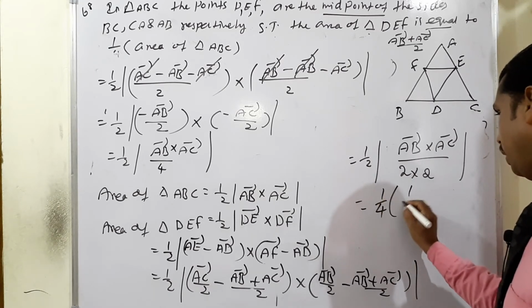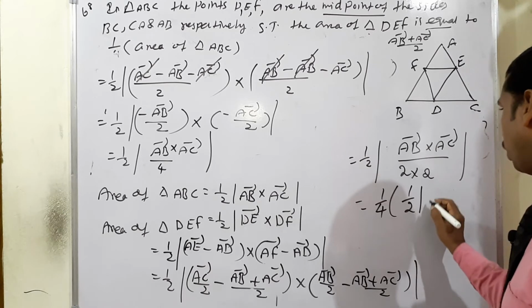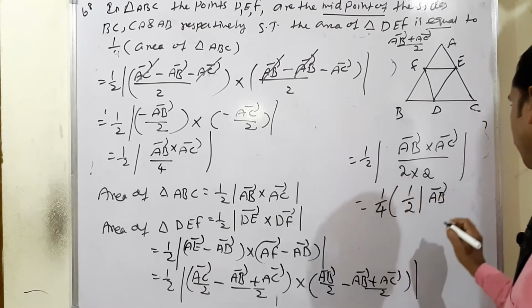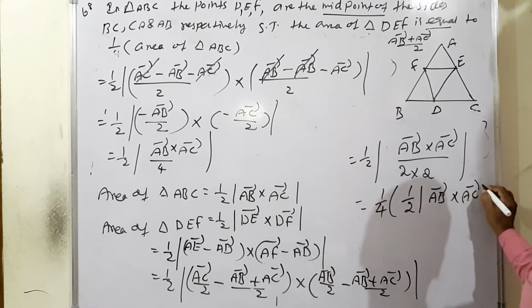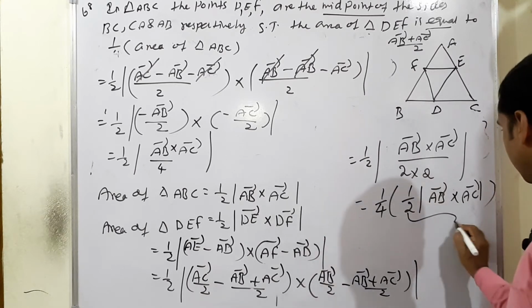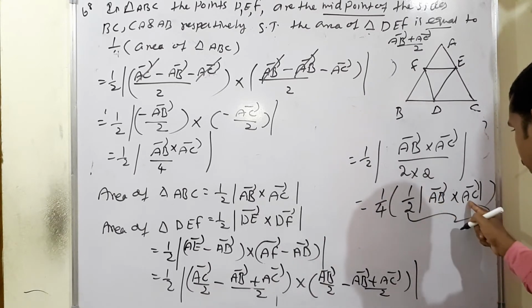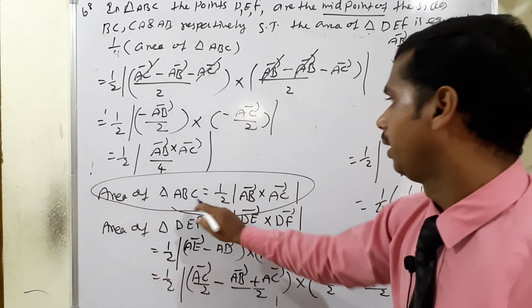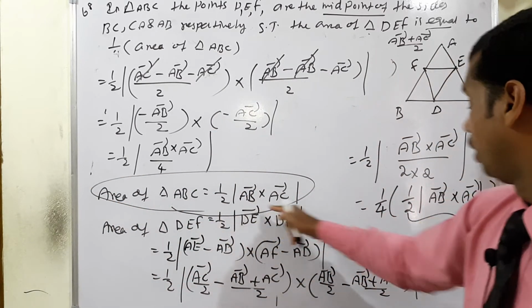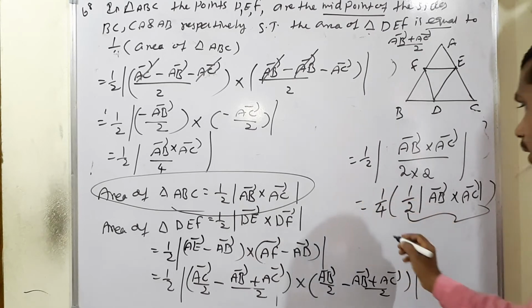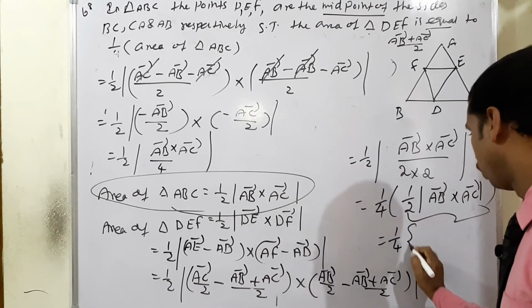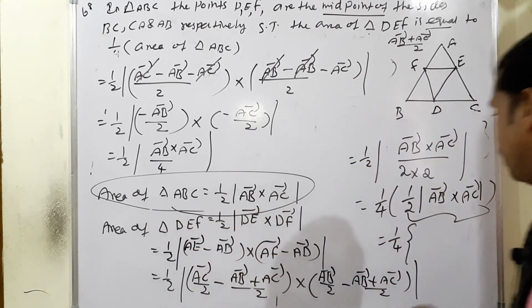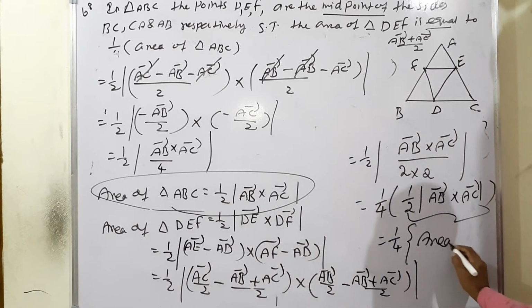Again remaining 1 by 2 balances, again modulus of AB vector cross AC vector. Now this is 1 by 2 into AB vector cross AC vector. Look at the bigger triangle, area of triangle ABC is equal to 1 by 2 into AB vector cross AC vector. Therefore we can write it 1 by 4 of the area of triangle ABC.